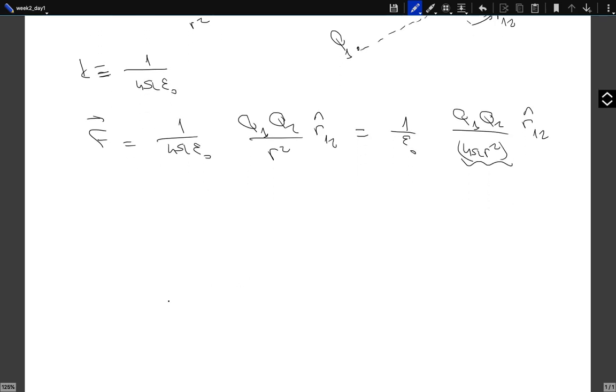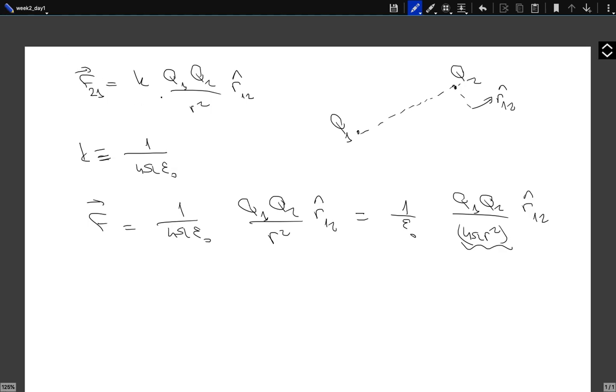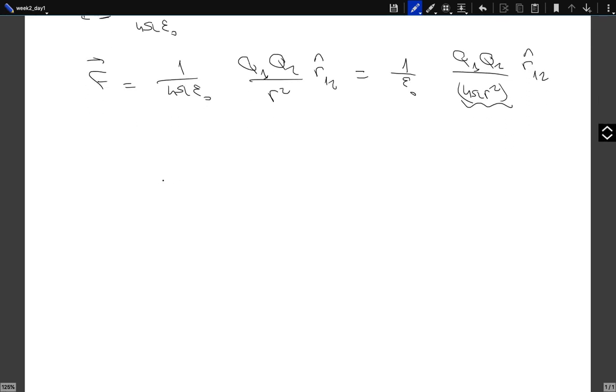Then we said that the force created by a charge, in fact, if you have many charges around, eventually we will have infinitely many charges.